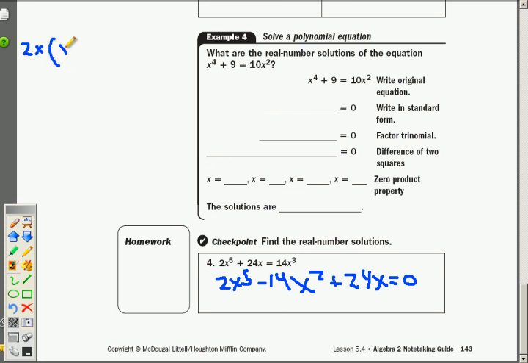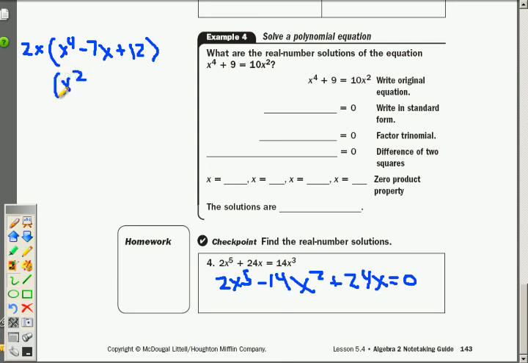So I'm left with x to the 4th minus 7x squared plus 12. Numbers that when I multiply them together get 12, add up to 7. You can use your snip method or graph it or whatever you want to do. 4 and 3 is what you end up with.